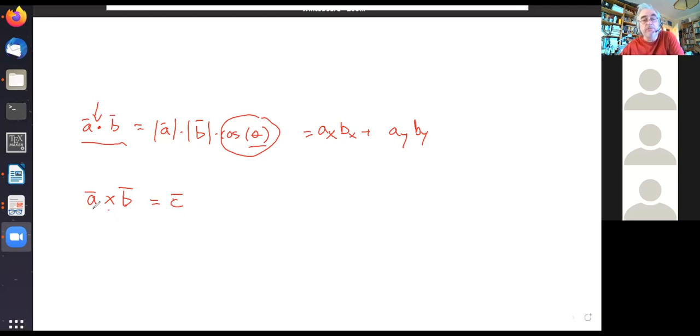It's perpendicular to both of these two, and the size of this vector is a measure of the area that is spanned by the two other vectors.